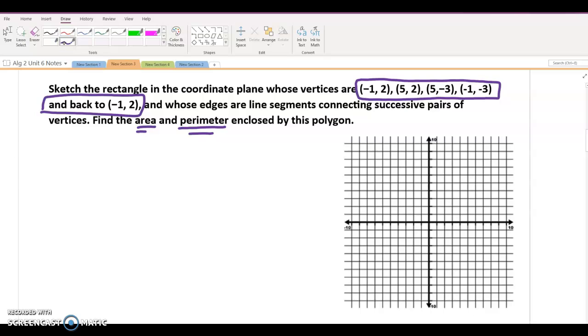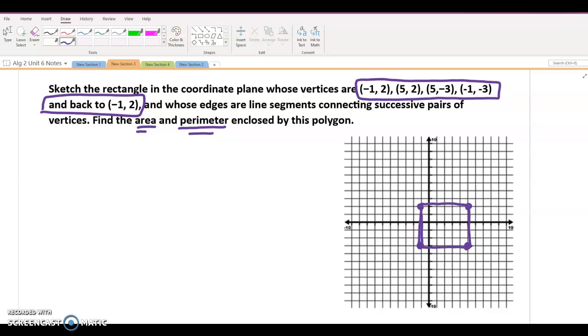To graph our -1, 2, we go left 1, up 2. To graph our 5, 2, we go right 5, then up 2. For our 5, -3, we go right 5, down 3. For our -1, -3, we go left 1, down 3. And then lastly, we go back to our -1, 2, and we make our rectangle.